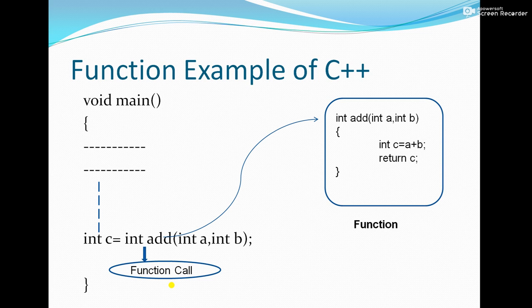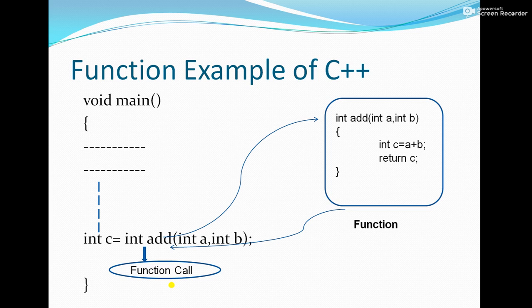It is a statement, or they are the statements where the function is actually written. Now, after compiling each and every statement of the function, the control of the compiler comes back to the main program. And this is how a function works in C++.